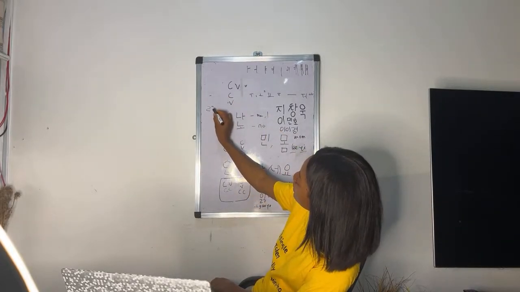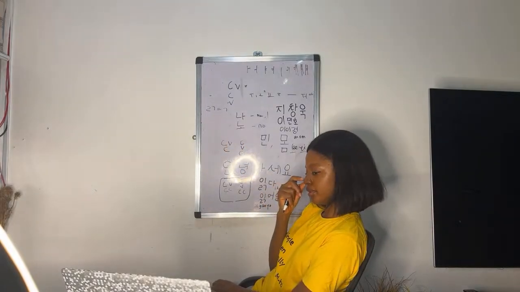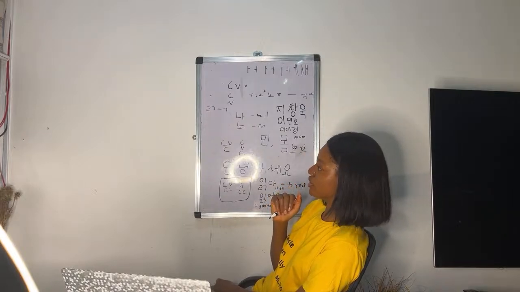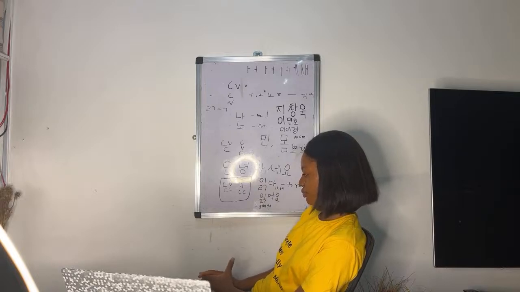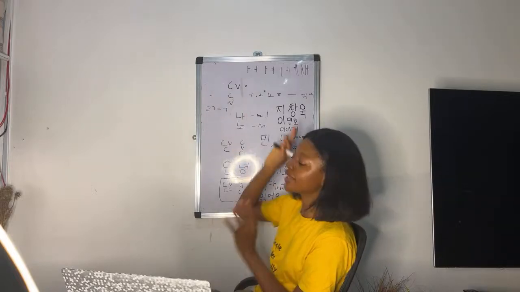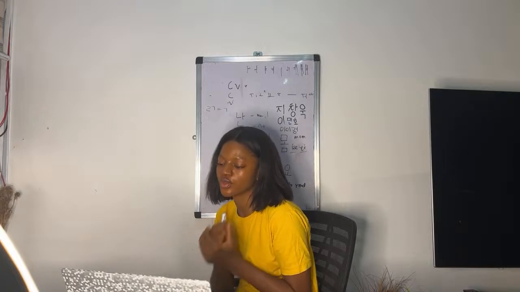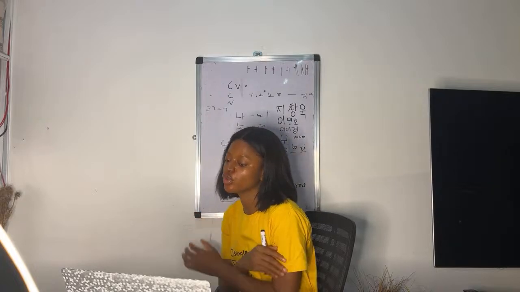So they will tell you that if the combination is LK, it is pronounced K. Do you get? Sometimes when you're studying and you come across some words, you wonder how you are supposed to know. For this one, they tell you which one you're going to pronounce. But when they are followed by vowels, we pronounce everything.